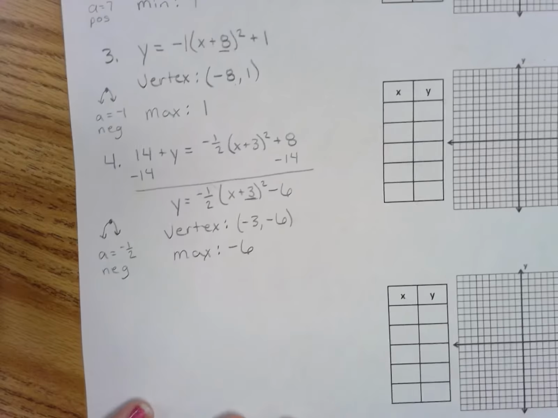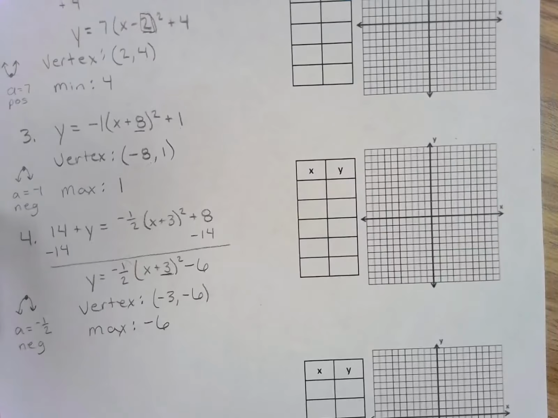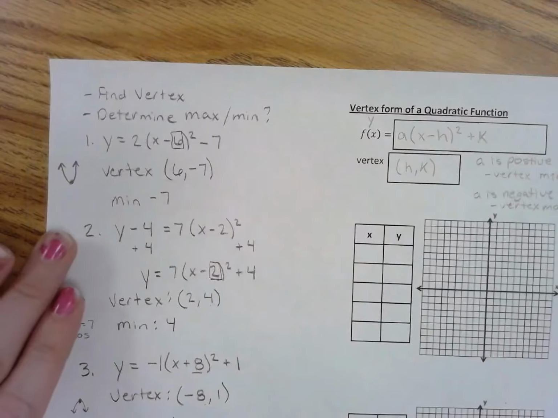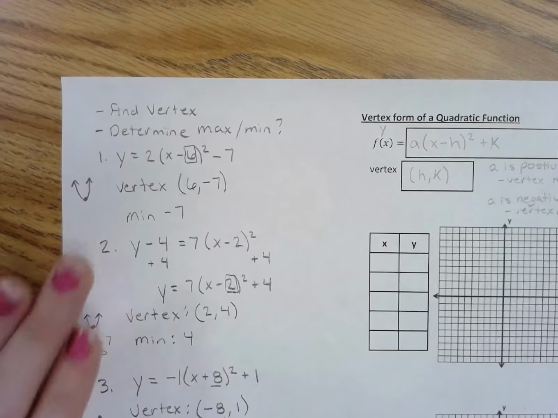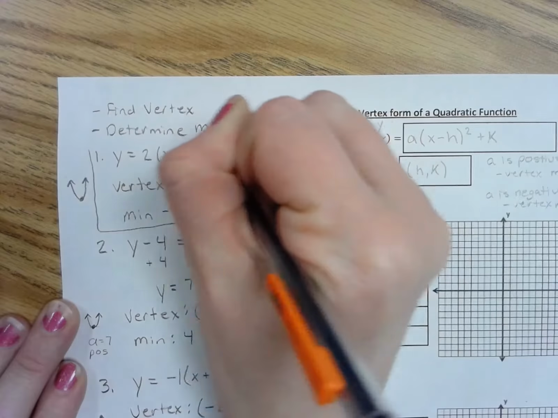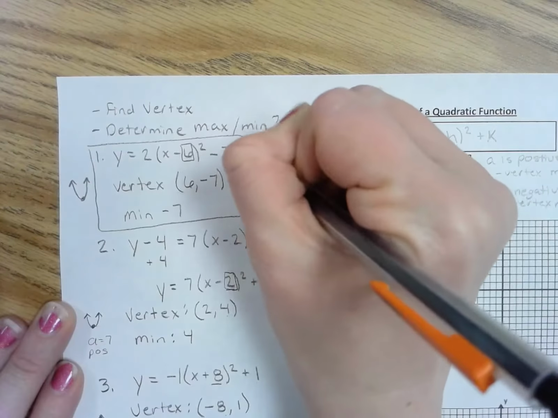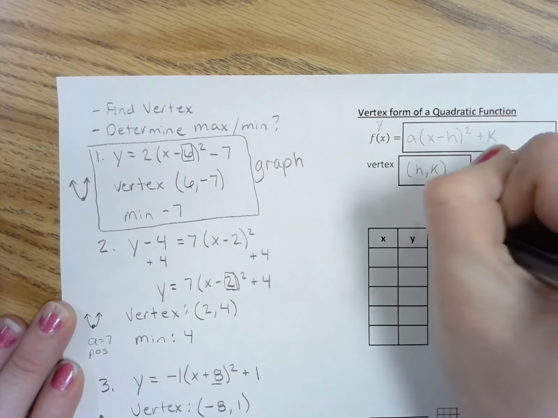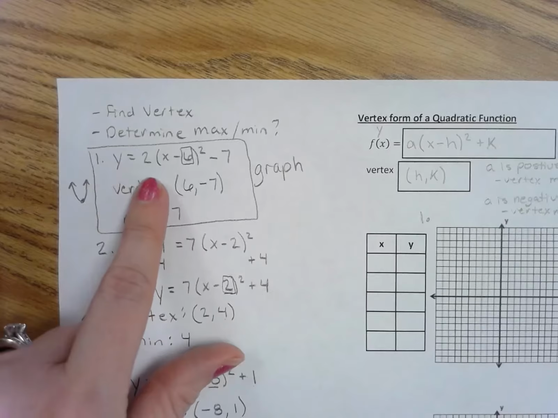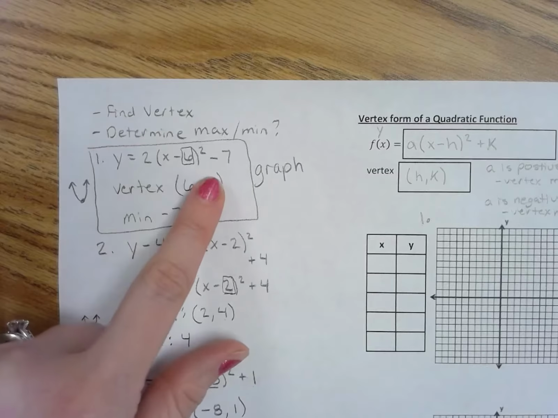Let's practice some graphing problems now. So we're going to go back and actually use this first example to graph. For our first example, we have 2 times the x minus 6 quantity squared minus 7.